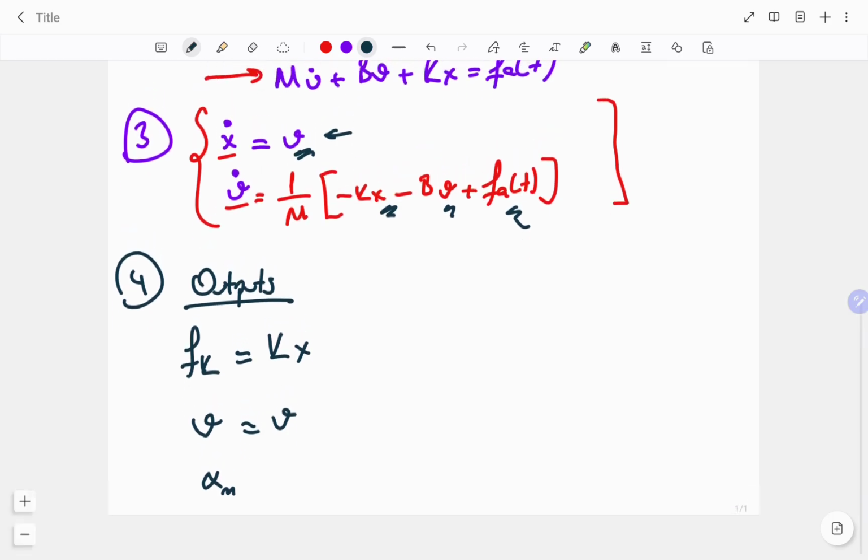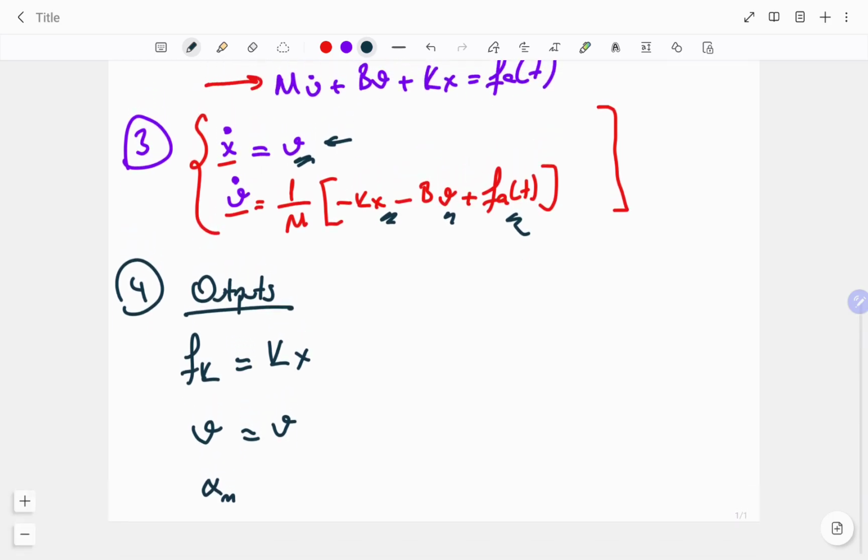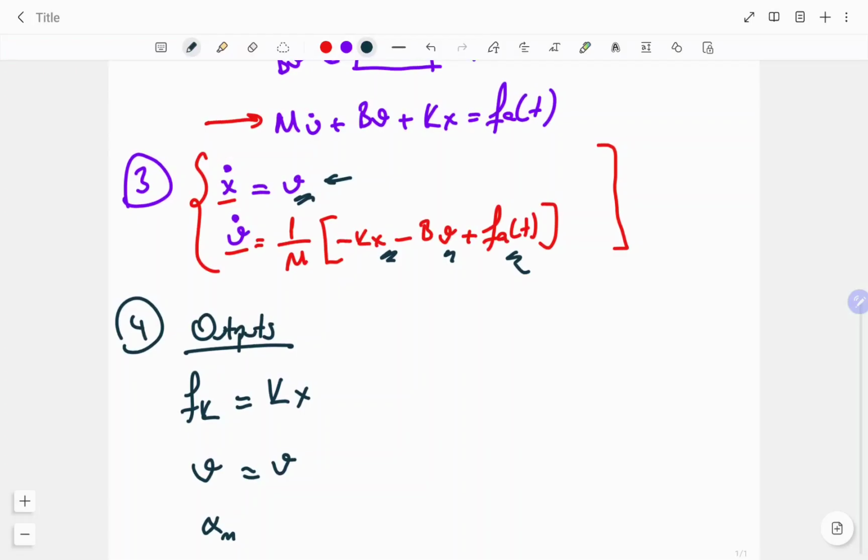No problem. And the last one, am, the acceleration of mass. We know acceleration means the first derivative of the velocity, so I can use my second state equation for that part.